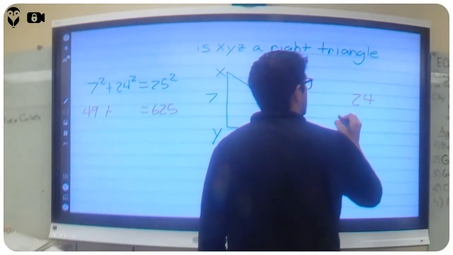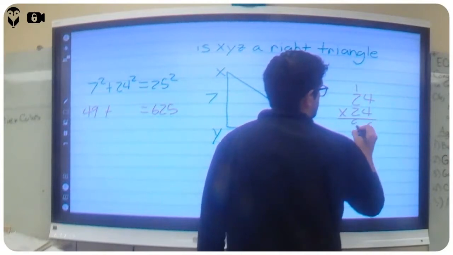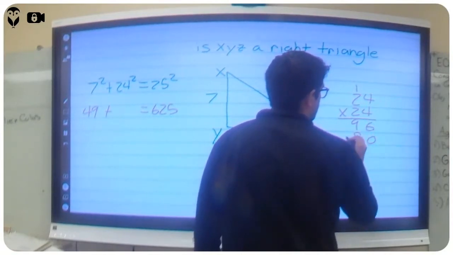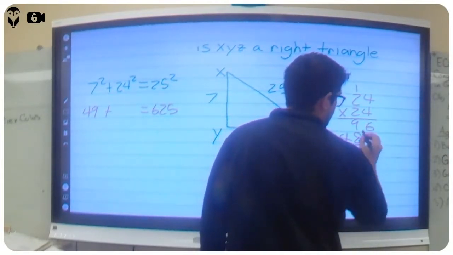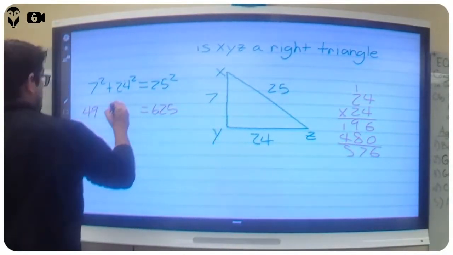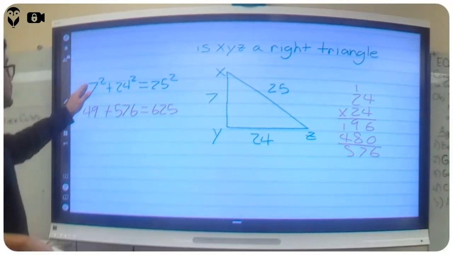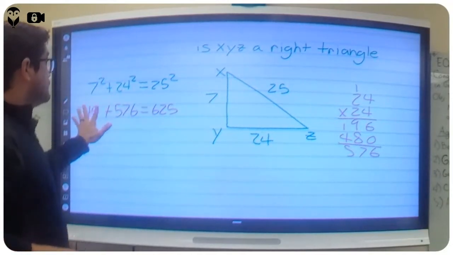In this section, you'll have a calculator, so you won't be doing this. But in reality, it isn't all that difficult. So 576. All I did was square this, and square this. So now I have this.